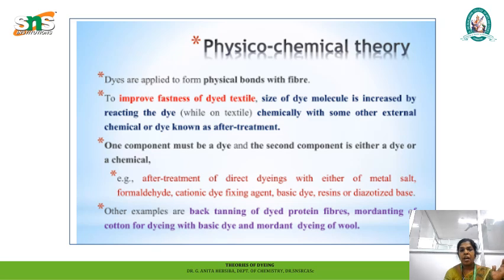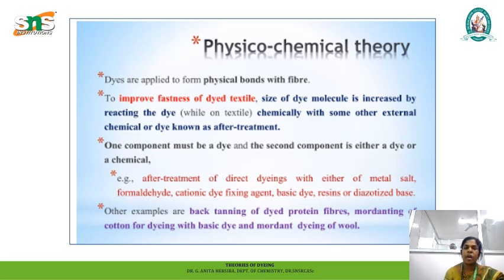So there is a dyeing process, and then after-treatment is also needed. One component must be a dye and the second component should be a chemical or a dye. So after-treatment of direct dyeing with metal salt, formaldehyde, cationic dye fixing agent, basic dye, resins or diazotized base are very common examples.